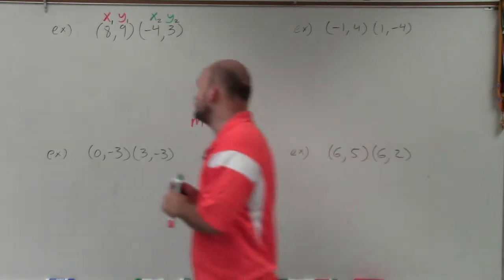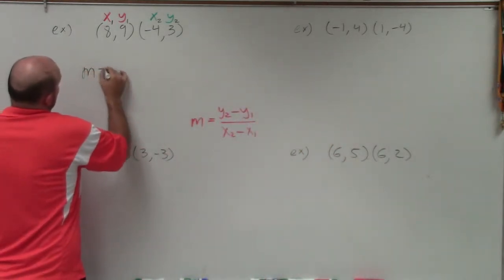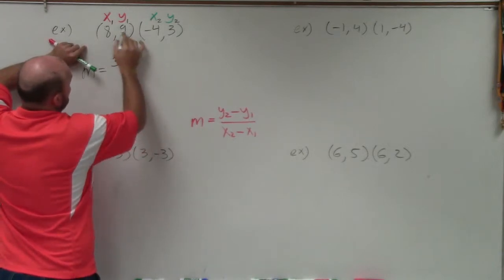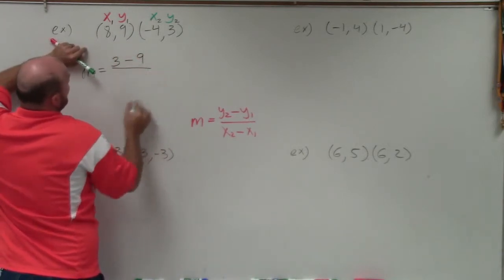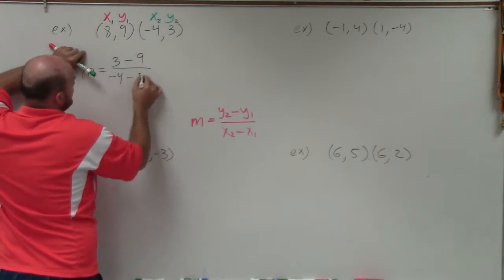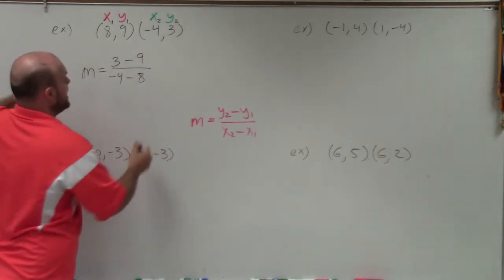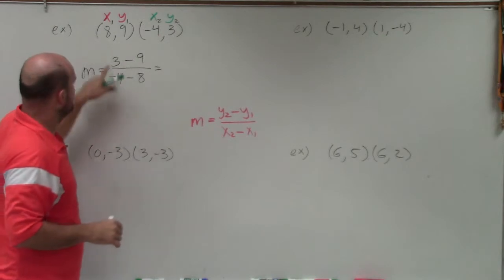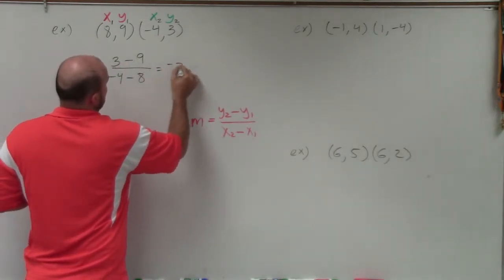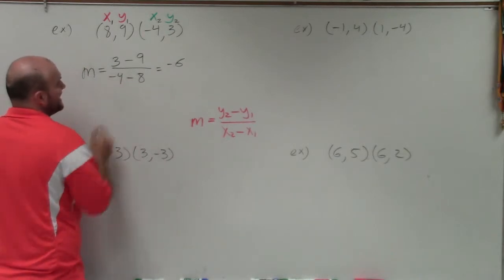So I'm basically going to use that formula here. So m equals y2, which is 3, minus y1, which is 9, over x2, which is -4, minus x1, which is 8. So now I simply just subtract across. 3 minus 9 is going to be -6. -4 minus 8.